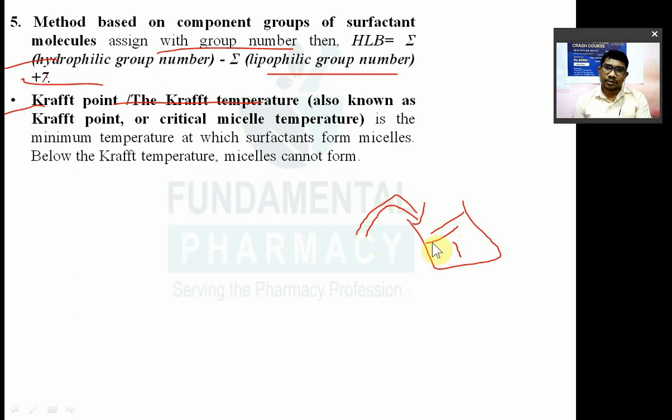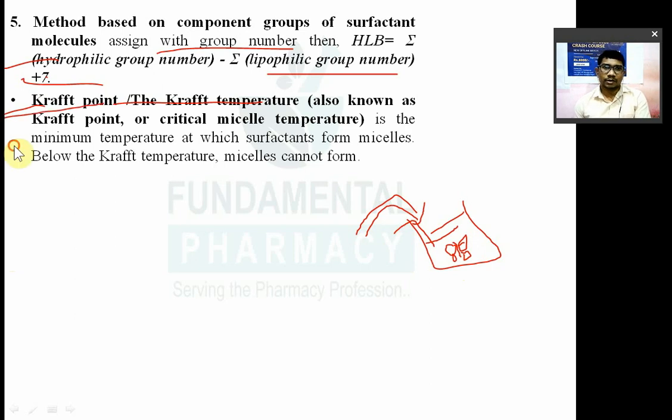At a particular concentration there is an aggregation of the surfactant molecules in the bulk of the liquid, and there is a formation of micelles. The concentration at which micelle formation occurs is known as the critical micellar concentration, and the temperature at which this micelle formation starts is known as the Kraft point.